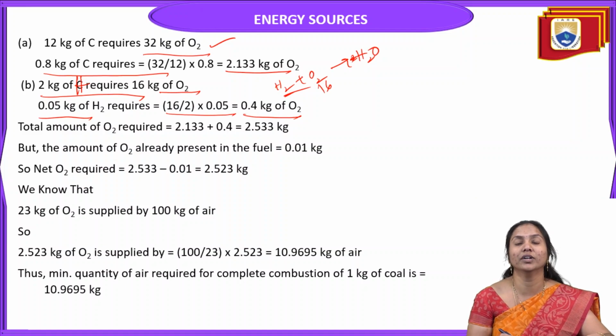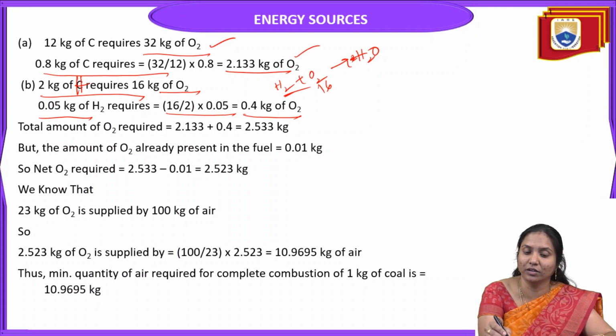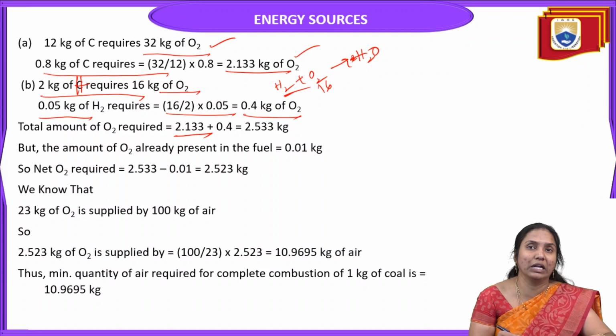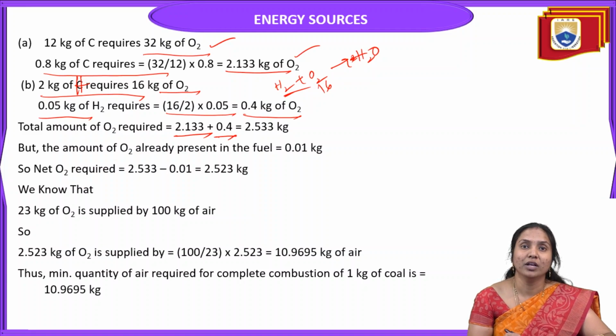Now the total amount of oxygen required: 0.8 kilograms of carbon requires 2.133 kilograms of oxygen, plus the hydrogen requires 0.4 kilograms of oxygen. So the total amount of oxygen required is 2.533 kilograms.